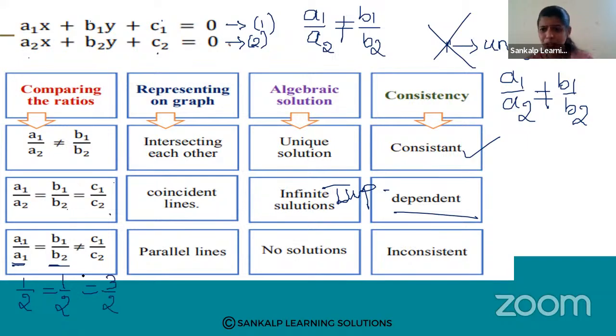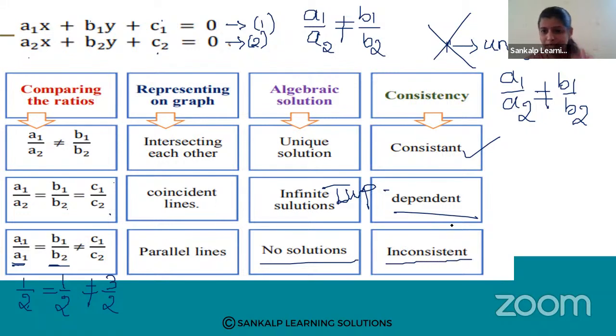Then a1 divided by a2 is equal to b1 divided by b2, but not equal to c1 divided by c2. Then the two lines are parallel lines. You will get parallel lines, and there are no solutions. The graph is inconsistent.